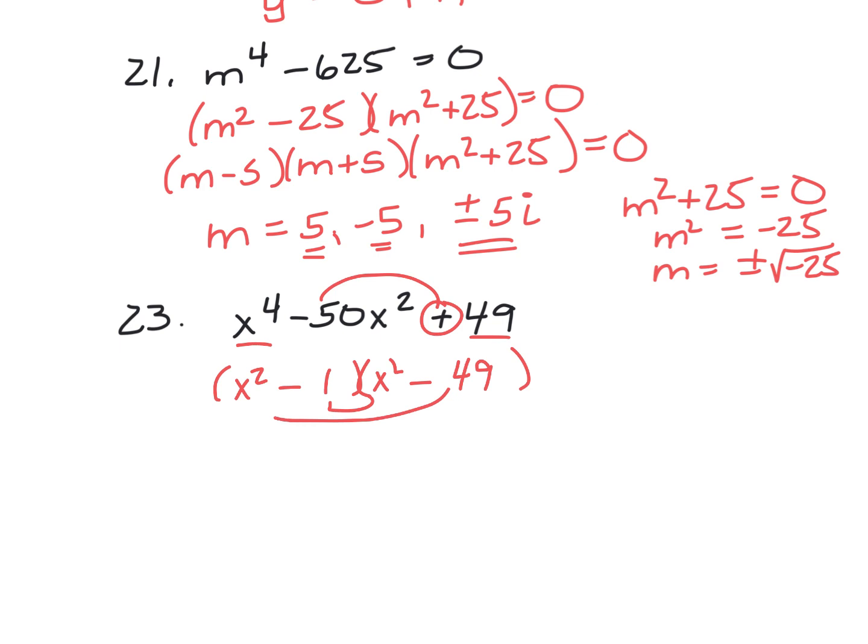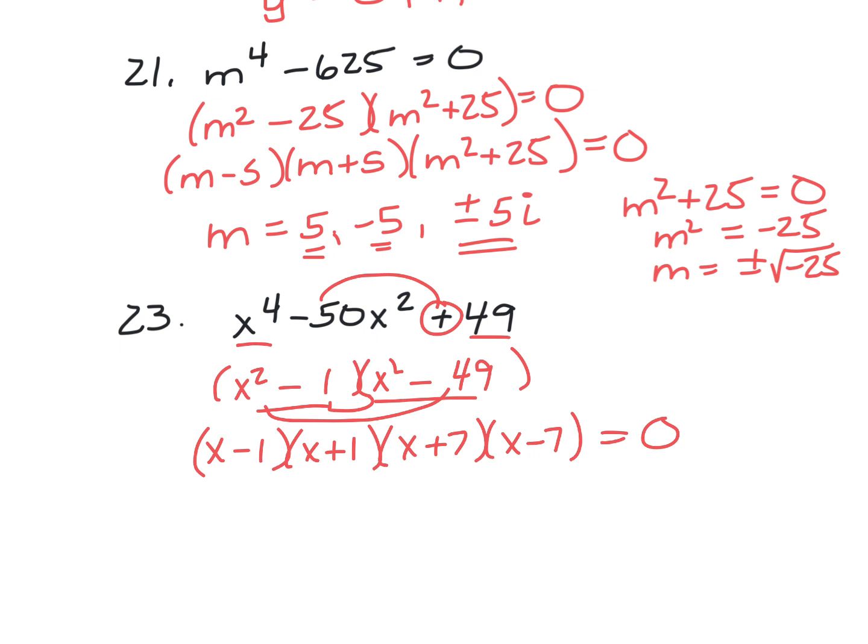It gives you -50. But this is difference of squares, x minus 1 and x plus 1. And this is difference of squares, so x plus 7 and x minus 7. And then your solutions would be, what makes each of these 0? +1, -1, -7, and +7.